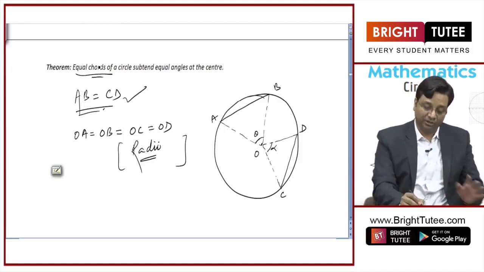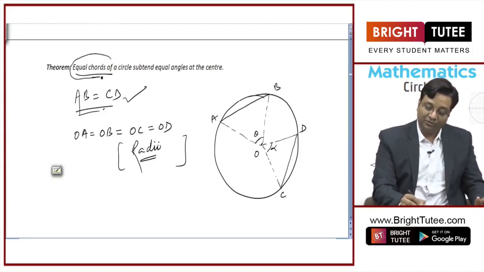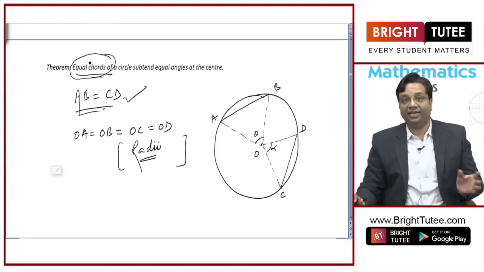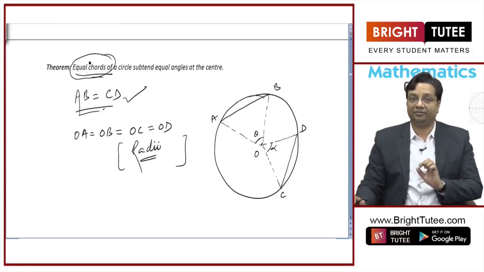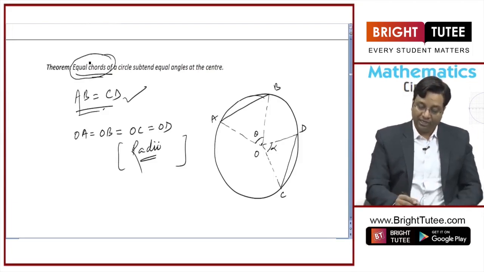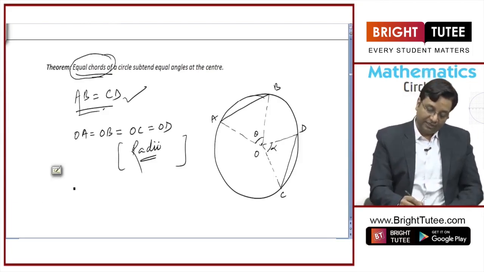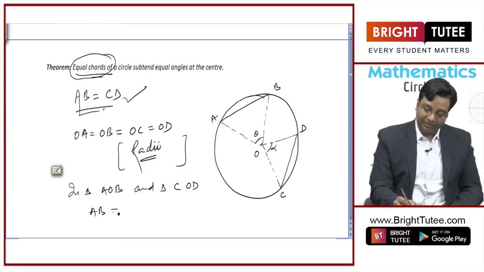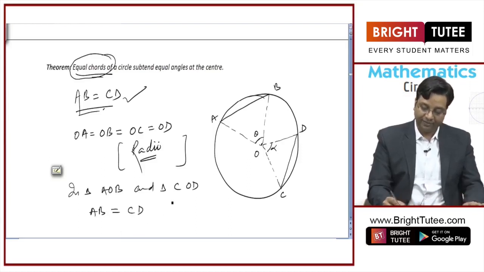We are considering two equal chords and observing whether the angles subtended by them at the center are equal or not. Consider triangles AOB and COD. AB is equal to CD, equal chords.